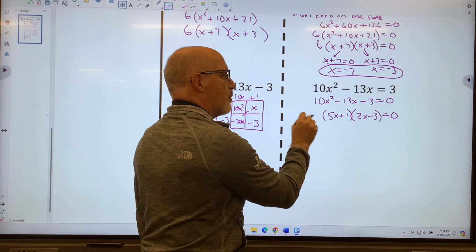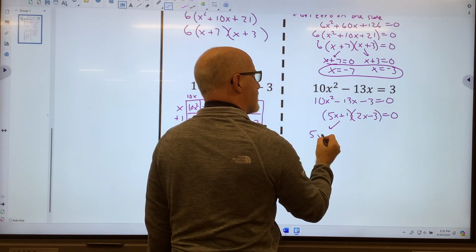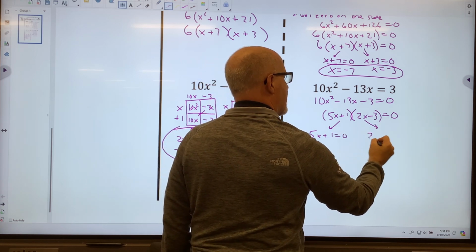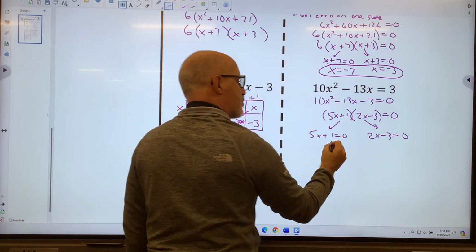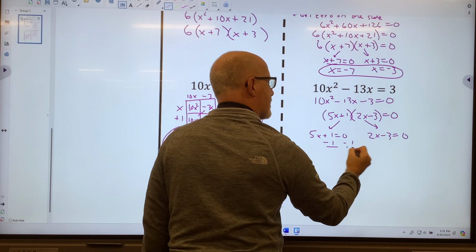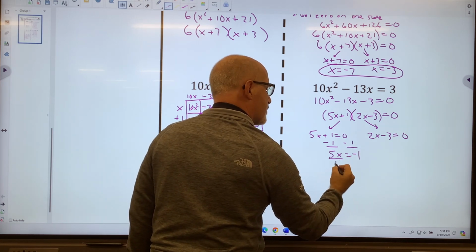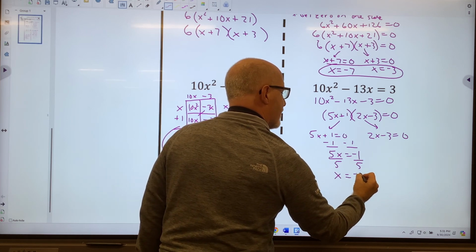And so now when I take this, two things multiplied equals 0, we've got to solve them both separately equal to 0. So set each of them equal to 0. Now solve, I'm going to subtract 1 from both sides. So we get 5x equal to negative 1. I'm going to divide both sides by 5, and I get x equal to negative 1/5.